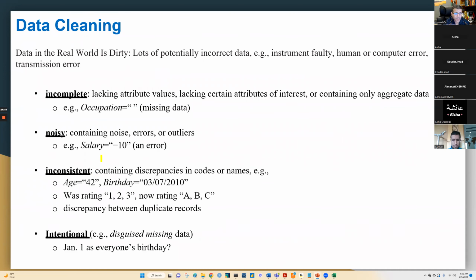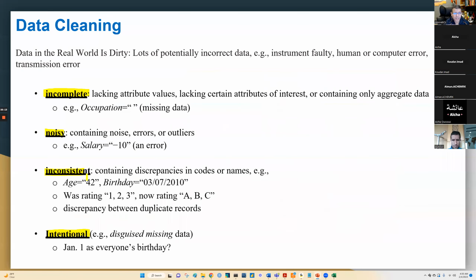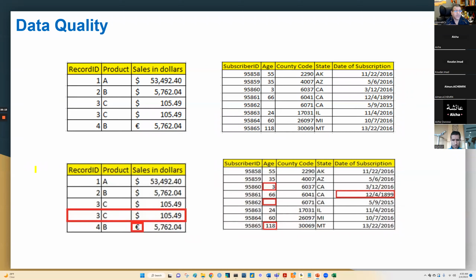Okay, so now let's talk about what we are looking for in data cleaning. We are looking for incomplete data, noisy data, inconsistent data, and intentional data. Here is an example of data you could be given.